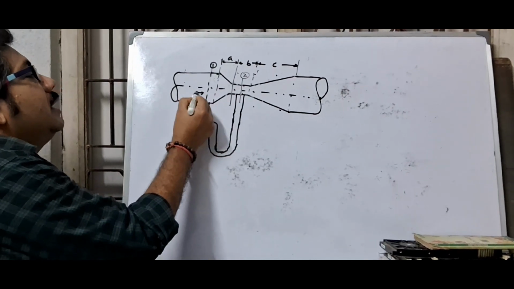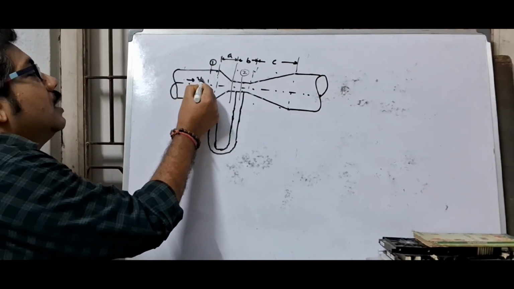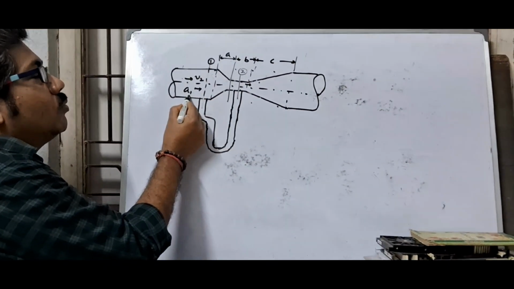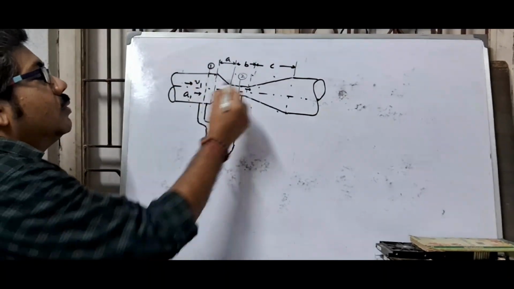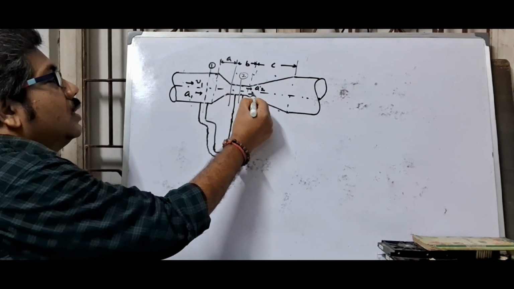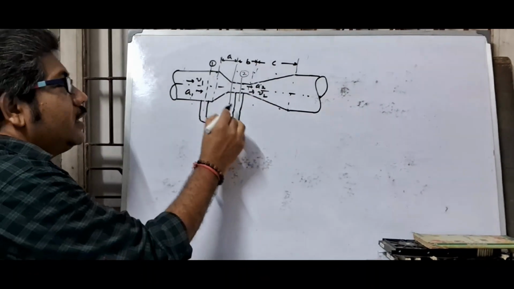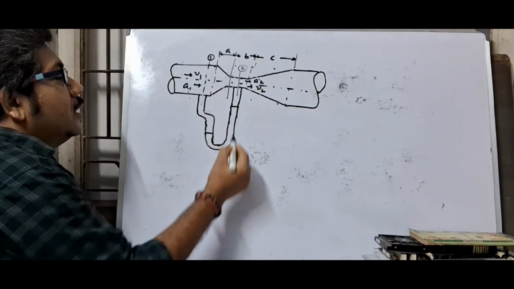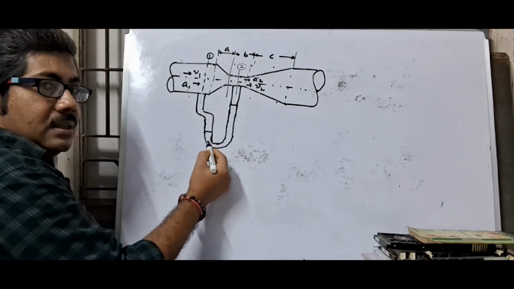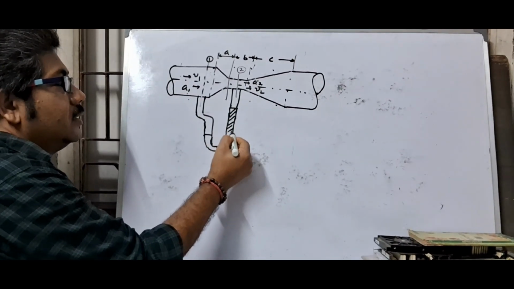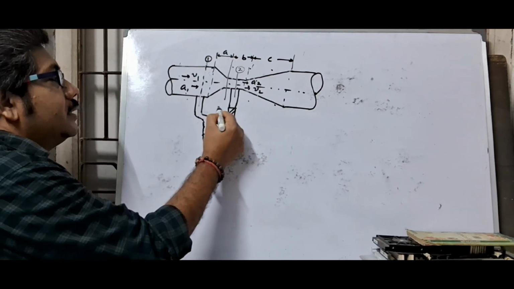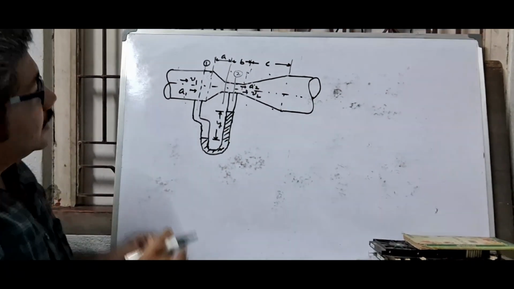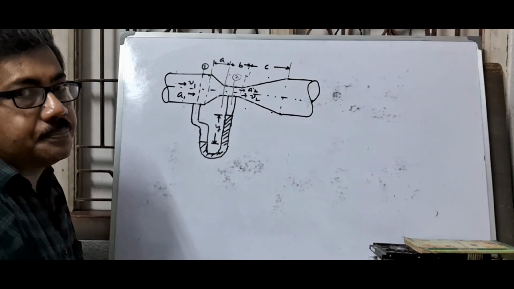When a liquid flows through this pipe, area of this section of pipe is A1 and velocity is V1. Here the throat area is A2 and velocity V2. When liquid is flowing through this pipe, then the liquid in the manometer will be deflected. That means here this deflection is Y. This is the construction of Venturimeter.